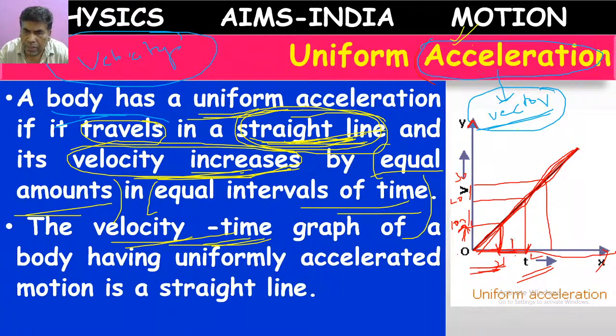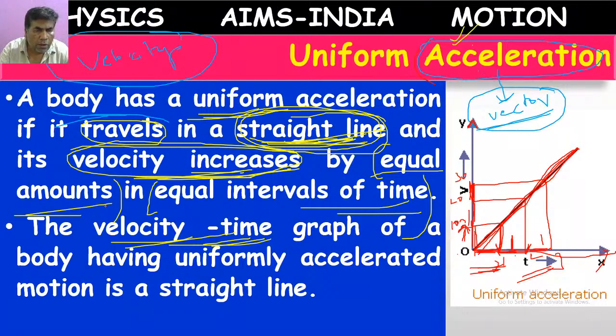Again 1 second. Again in this 1 second, velocity goes from 10 to 20, again 10 meter per second increased. Again 2 to 3, in this 1 second, velocity goes from 20 to 30, again 10 meter per second increased. Here time is changing and velocity is changing, but how? Equal amount of time, equal amount of velocity changing.